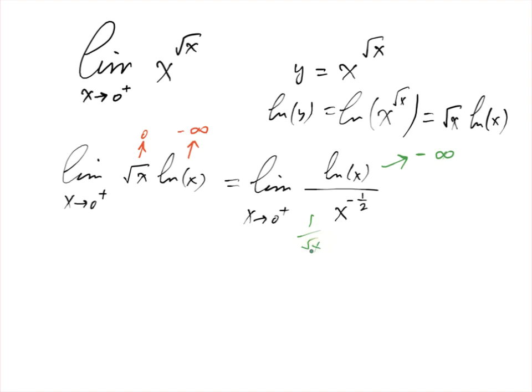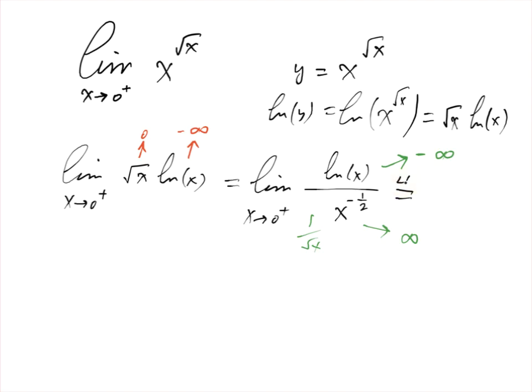As x tends to 0, its denominator tends to 0. So this goes to positive infinity. So we have infinity over infinity type. So we can still use L'Hopital's rule, either 0 over 0 type or infinity over infinity type.